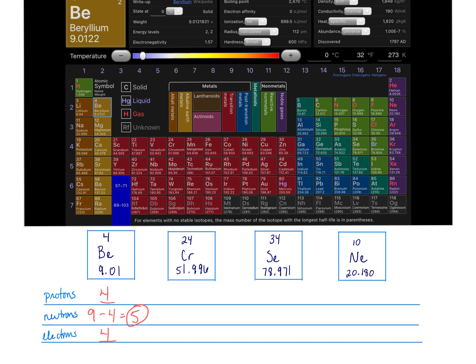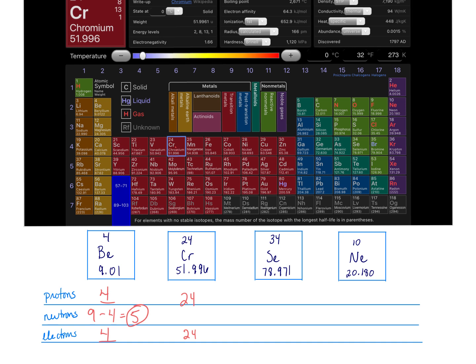So the number of protons in chromium, let me see if I can get this up here. There we go, okay. Chromium has an atomic number of 24, so that's going to give me the protons and the electrons if it's neutral.